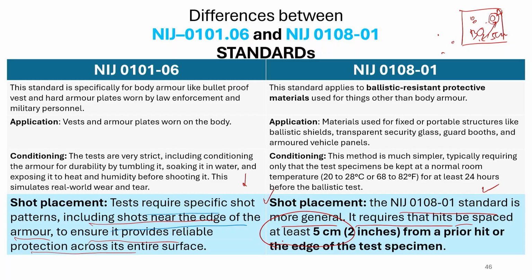So minimum at least 5 centimeters from the prior hit, and it should not be at the edge either. In the case of 0101.06 we need the hit to be close to the edge, but here it should not be at the edge, it should be at least 5 centimeters away from the edge, so that we can get an overall general idea about the material.